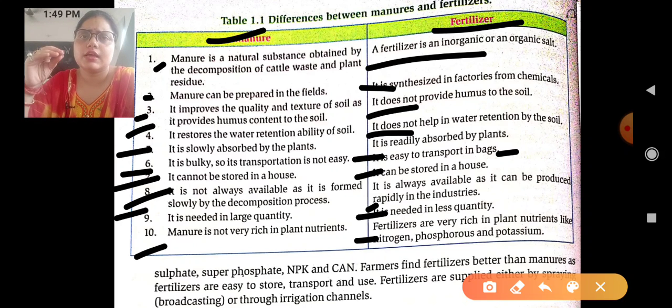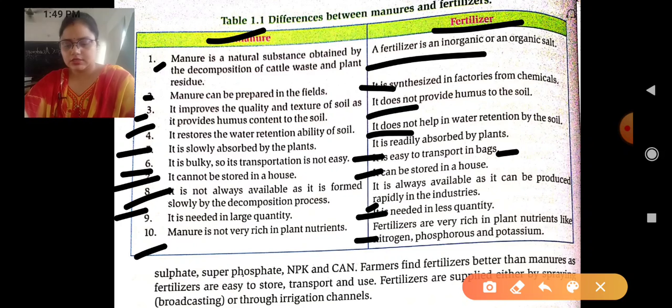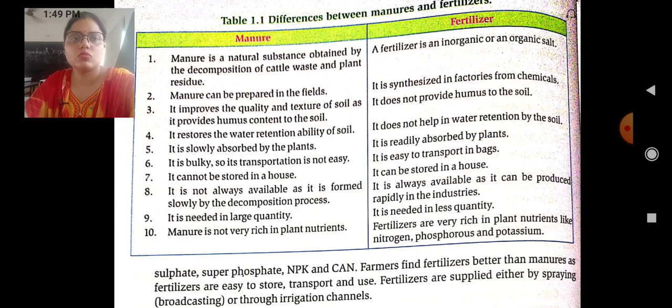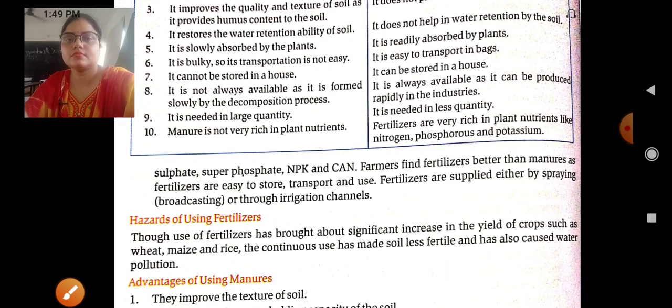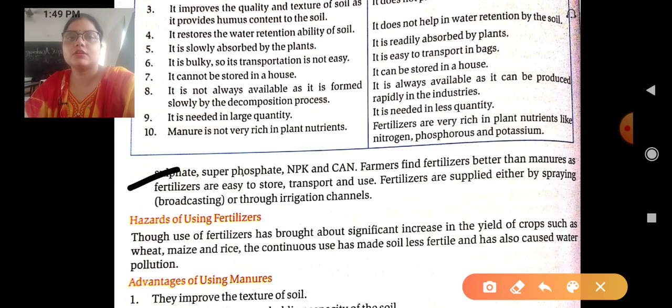For utilizing in the crops, we have to add a large amount of manure, and a smaller amount of fertilizer is sufficient. So there is a difference between them. You have to draw this table of difference between manures and fertilizers in your notebook. Clear? Moving further is sulfate, superphosphate, NPK and CAN.